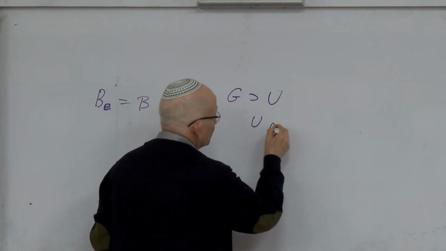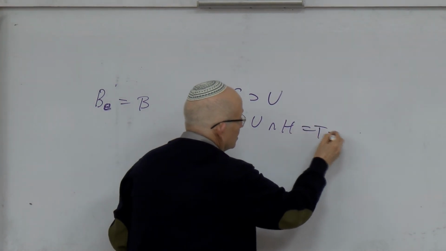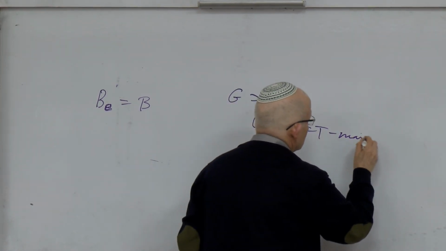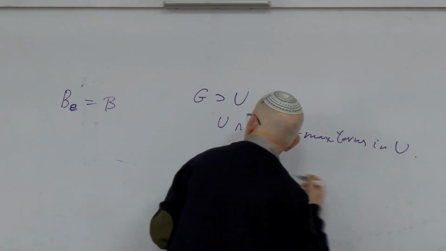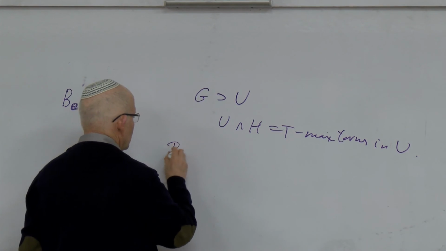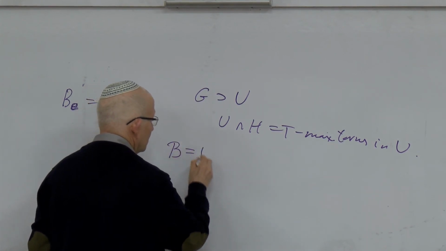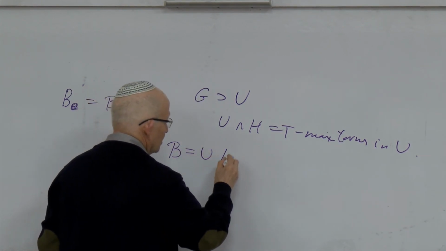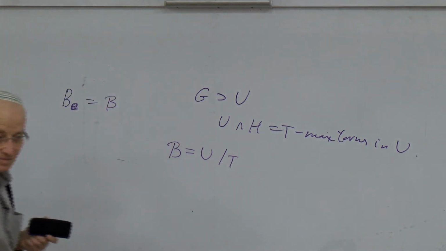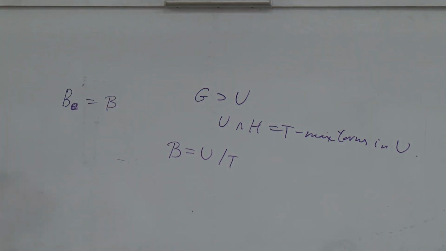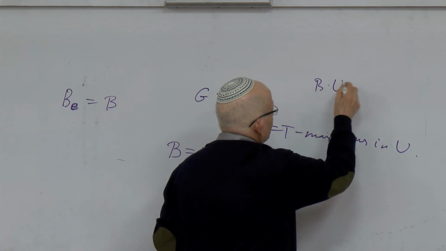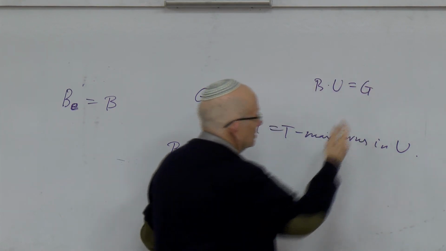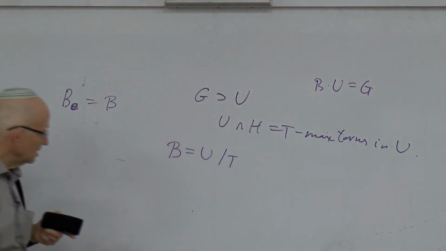U intersection with H, T is a maximal torus in U. And then it's easy to show that you can identify B as U quotient by T. This follows from the fact that B times U is equal to G. This is called the Iwasawa decomposition.